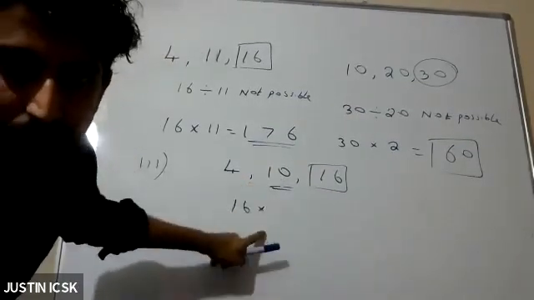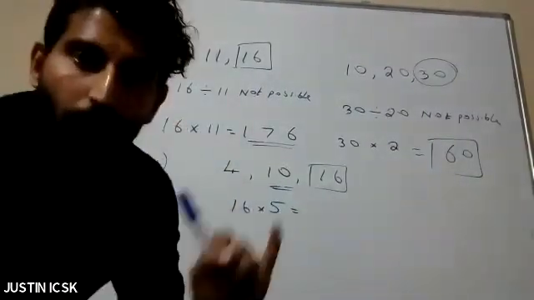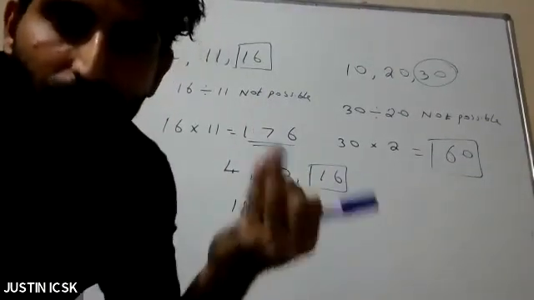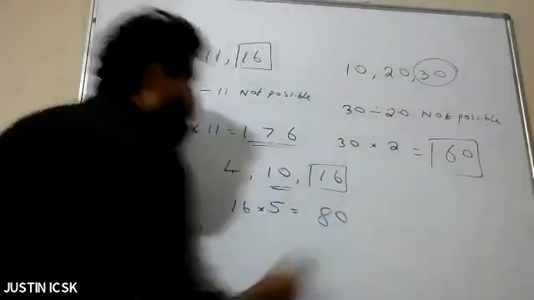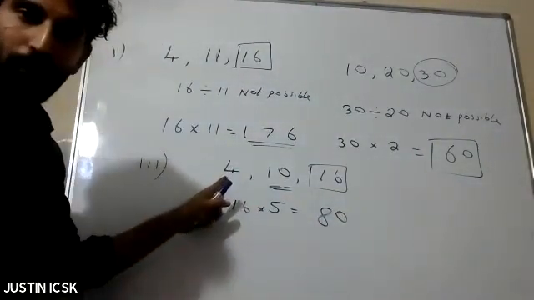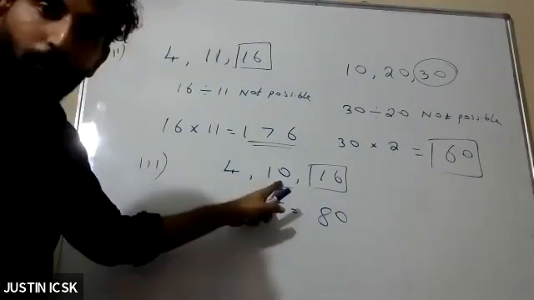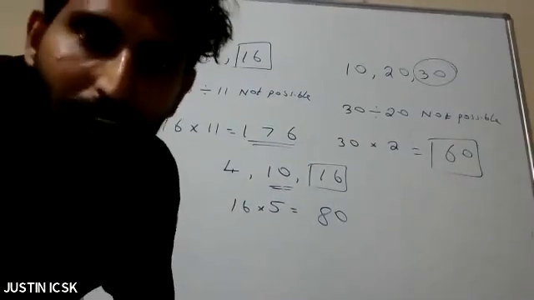Right? So you have to think. So multiply with the 5. If you do with the 2, we will not get the answer. If you do with the 3, we will not get the answer. 4, we will not get the answer. 5. Because if you do 5 only, 80. So 80 by 4 possible. 80 by 10 possible. This 4 is okay, no problem. But 10 is the problem. If you want to do the 10, it should be 30, 40, 50 like that number, right?